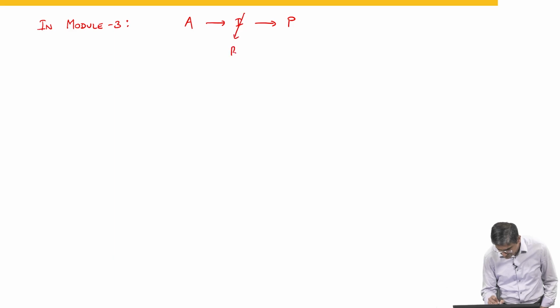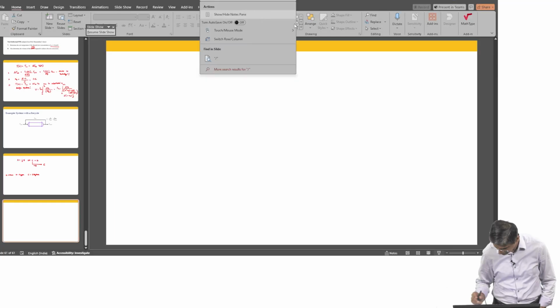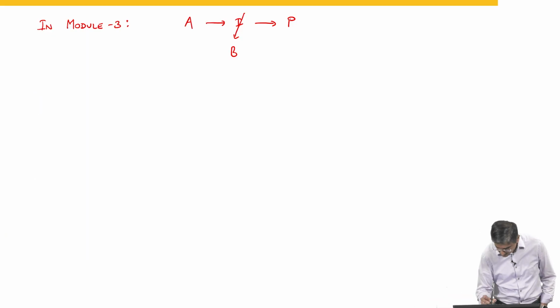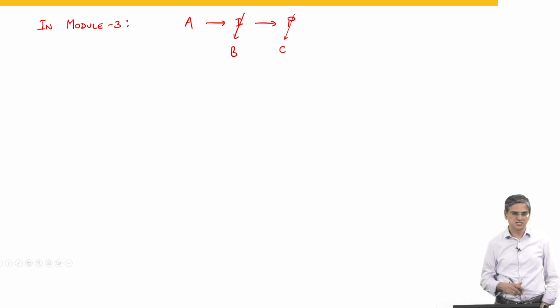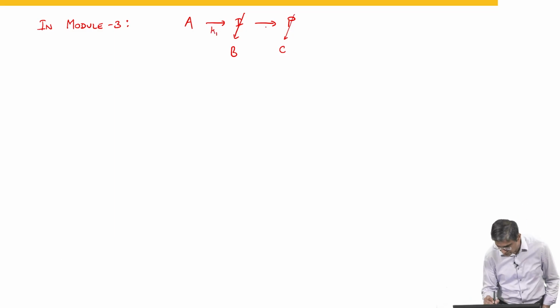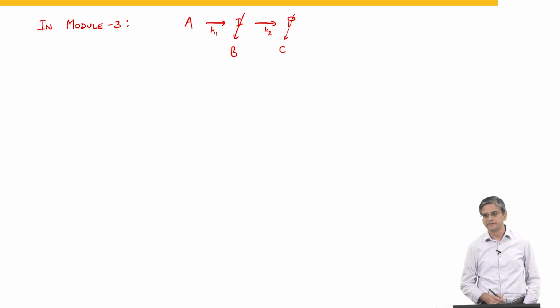Just replace these with B and C. We have just changed the letters, nothing else has changed, right. So, this is K1, this is K2. Okay.